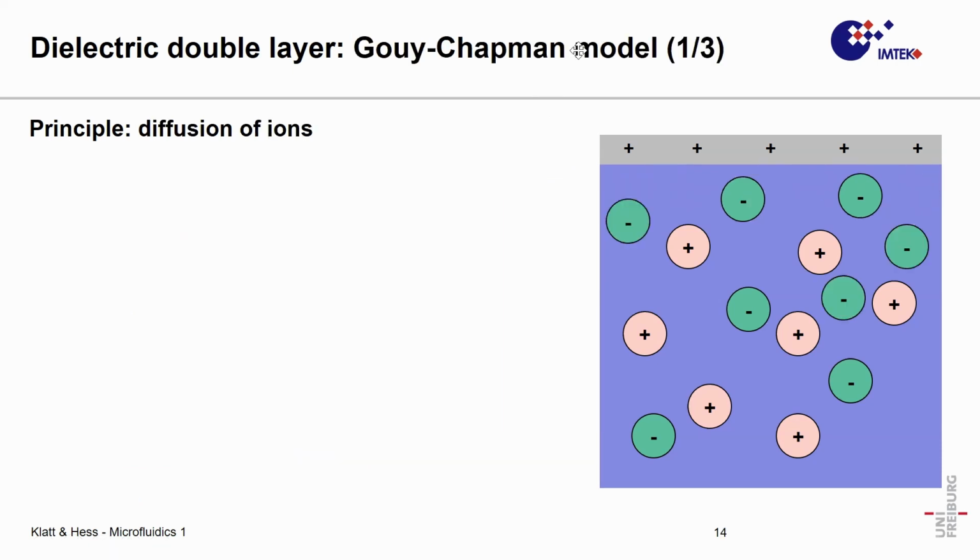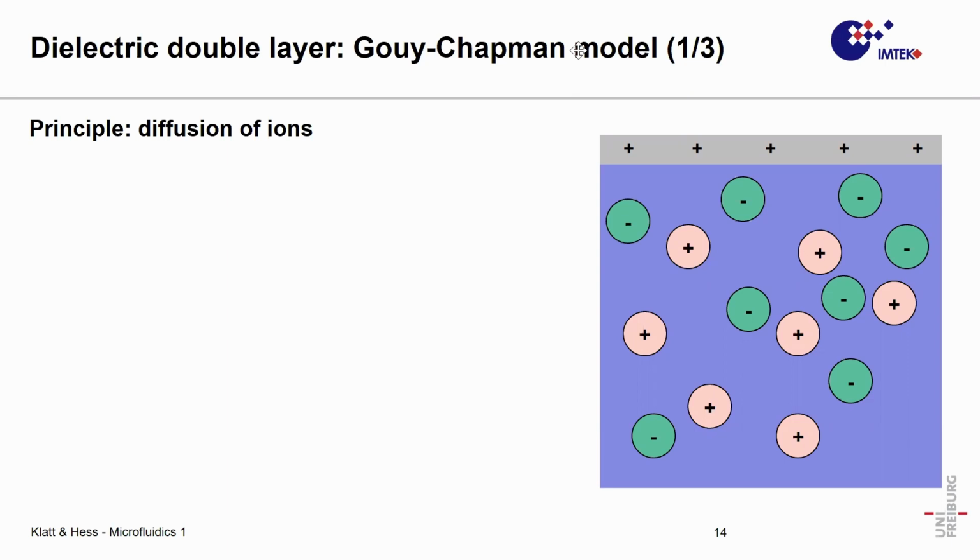The limitations of the Helmholtz model already show that there is another important parameter that we need to consider to get closer to reality. If you look at 0 Kelvin, there's usually no thermal motion of your particles left.